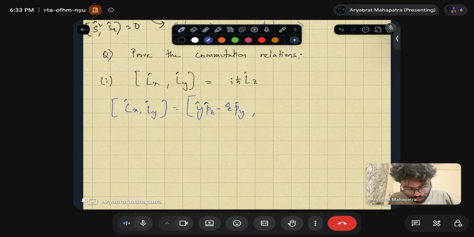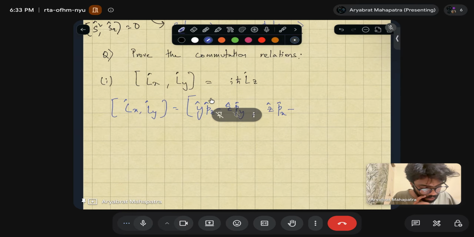So this is Lx, and similarly you have Ly, which will be z px minus x pz.